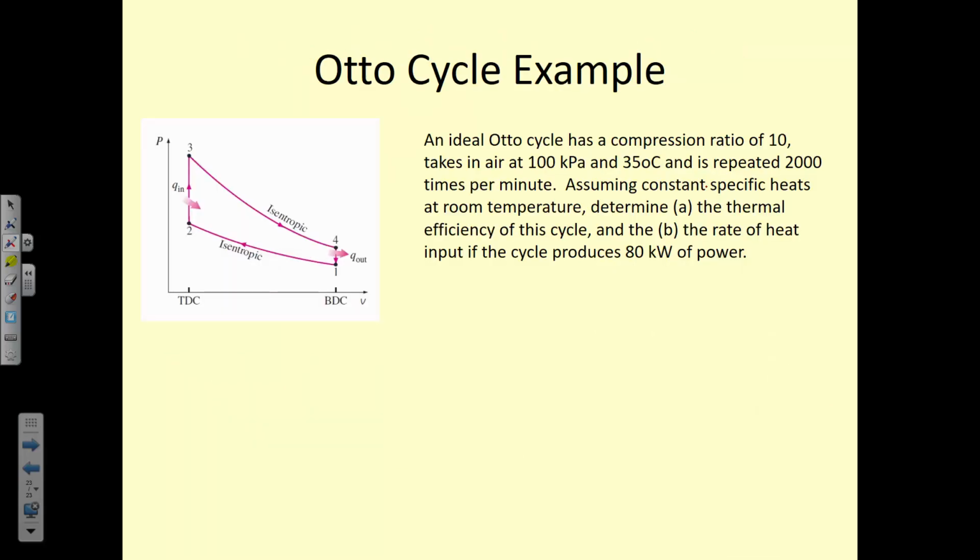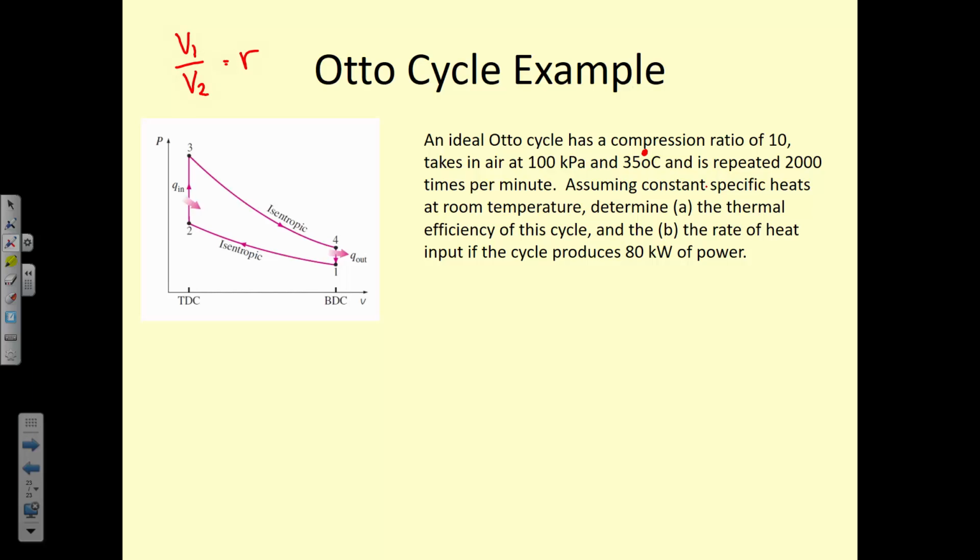Okay, so let's do an example with the ideal Otto cycle. In this example, we have a compression ratio of 10. So compression ratio is the ratio of V1 over V2, which is equal to the compression ratio.